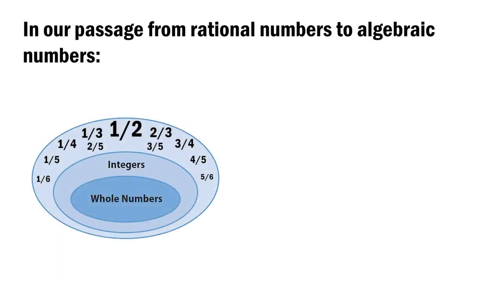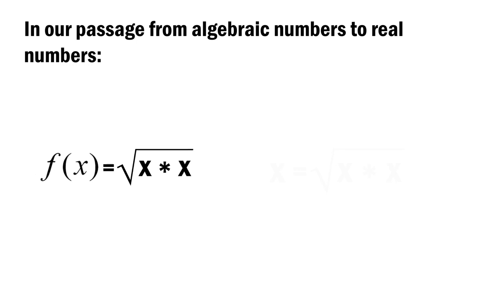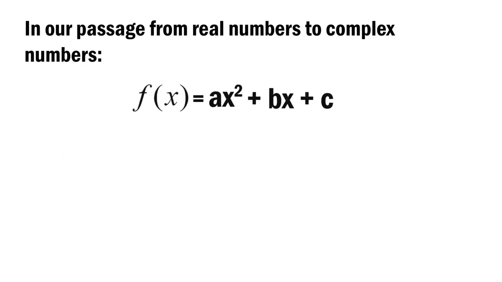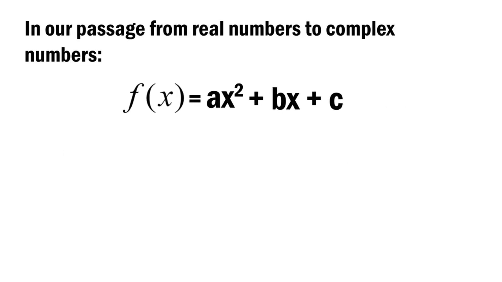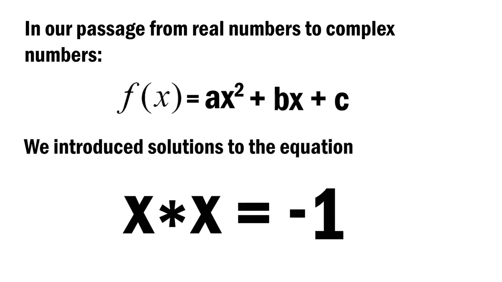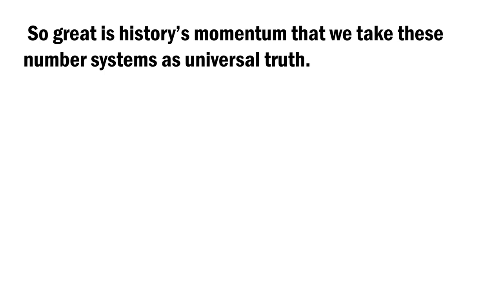In our passage from rational numbers to algebraic numbers, introducing roots. In our passage from algebraic numbers to real numbers, introducing limits. And in our passage from real numbers to complex numbers, where we introduce solutions to the equation x times x equals -1.